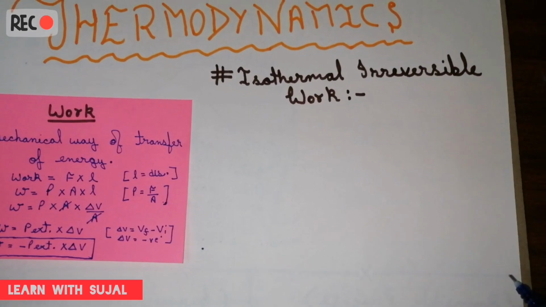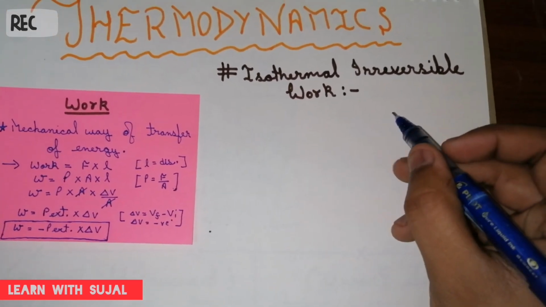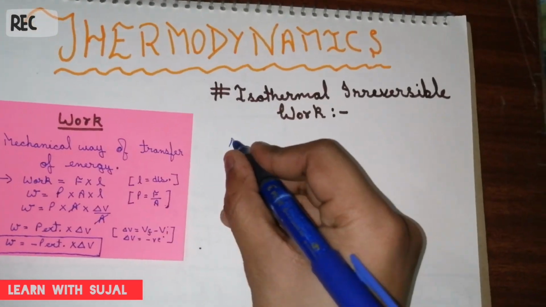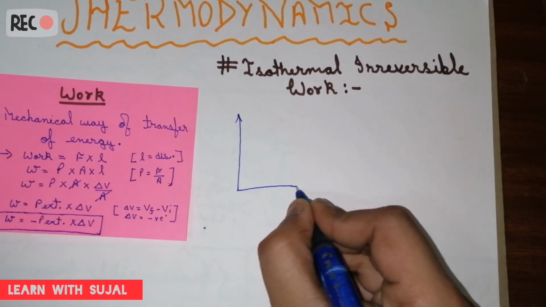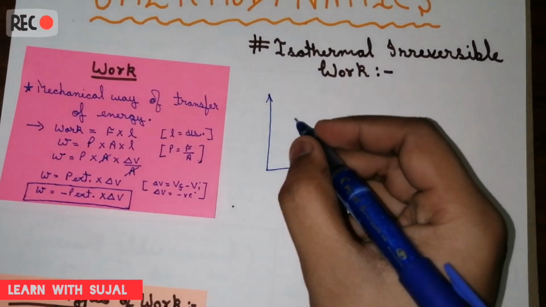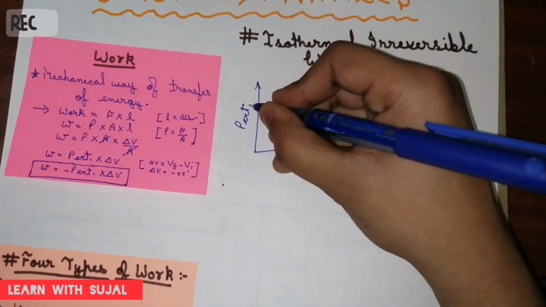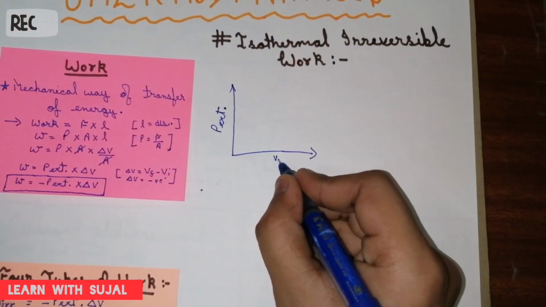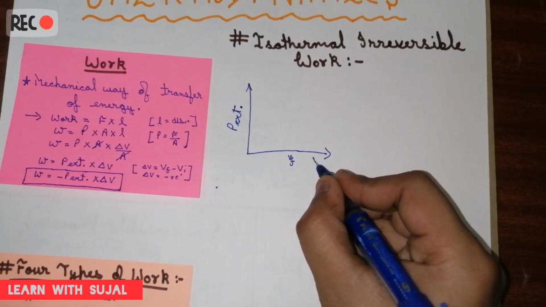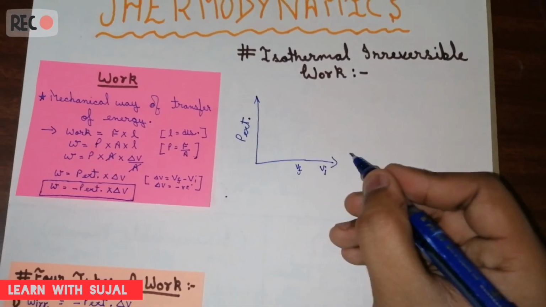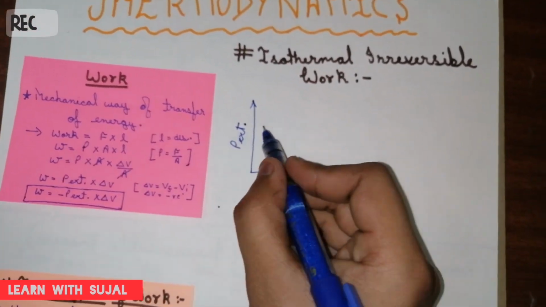Okay, so now let's talk about the isothermal irreversible work. Let's draw the figure. This is pressure external, and here we take the volume V1 and volume Vi, initial and final.